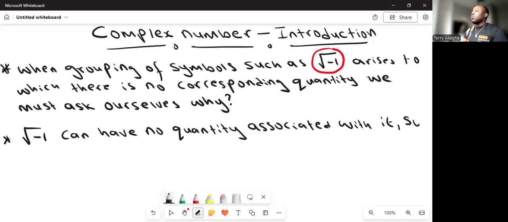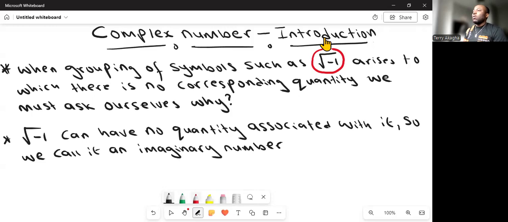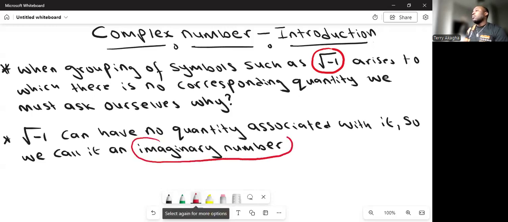So we call it an imaginary number. This is the term we're going to use.